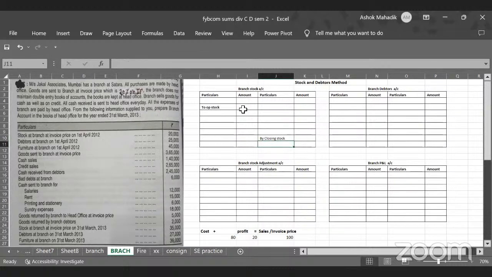If head office is sending you goods, it will be received, so it will be on the debit side. It will be to goods sent to branch. If the branch sells goods, it will be on the credit side because goods are going out. So it will be by cash sales or by credit sales.